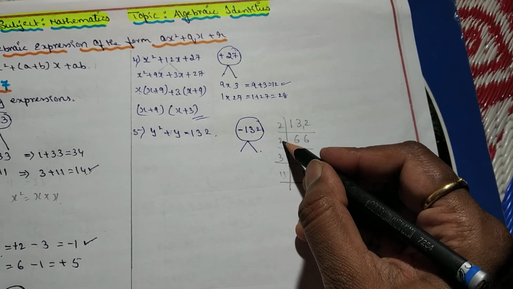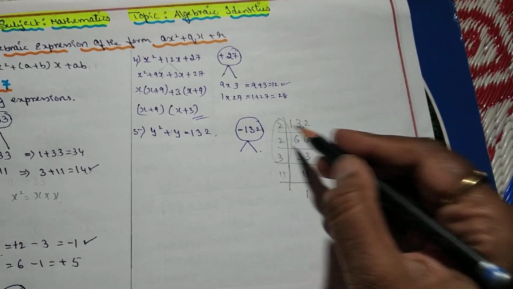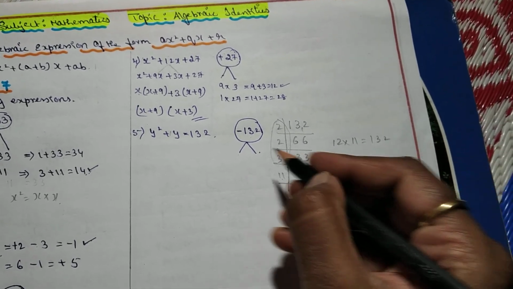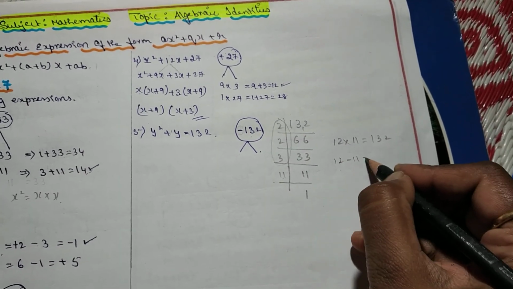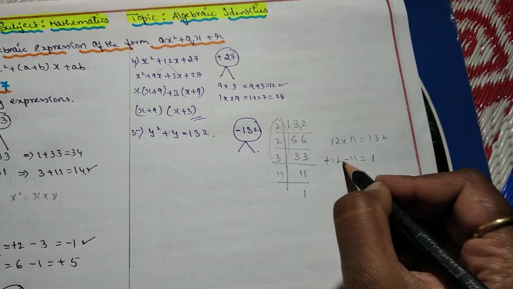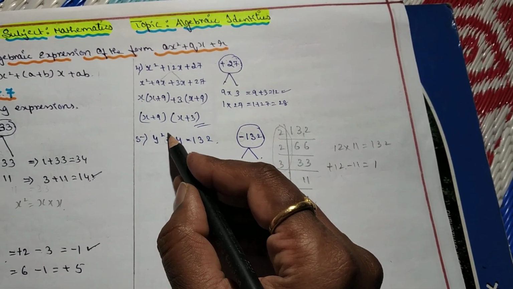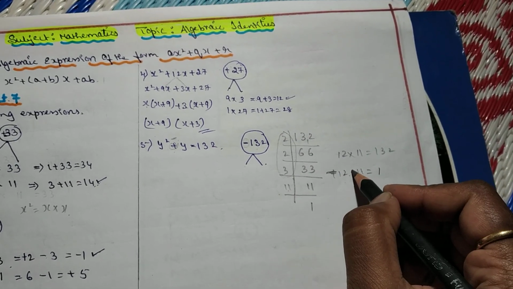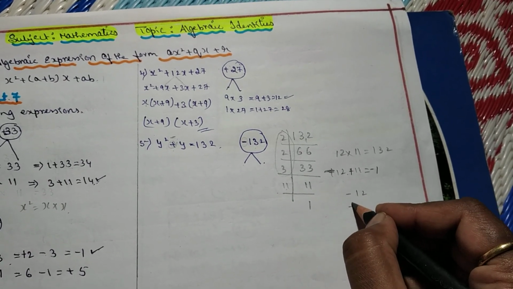Now check 3 2s are 6, 6 2s are 12. So I'm getting 12 with these three numbers multiplication, into 11. 12 11s is 132. But what is asked here is subtraction. Subtraction means 12 minus 11 equal to 1. Plus 1 means plus 12 minus 11 equal to plus 1. In case we have a minus in the question, then it becomes minus 12 plus 11 equal to minus 1, because we know the subtraction of integers.